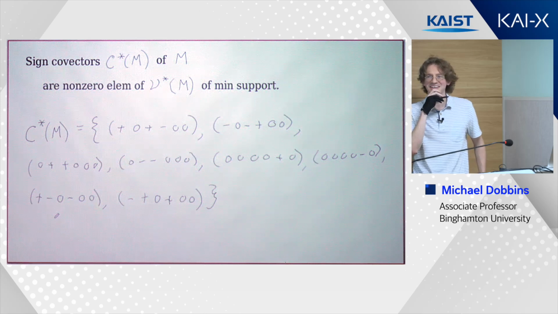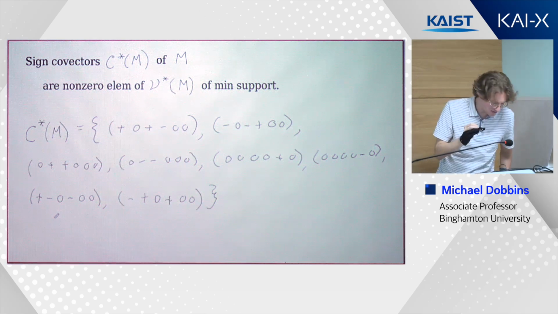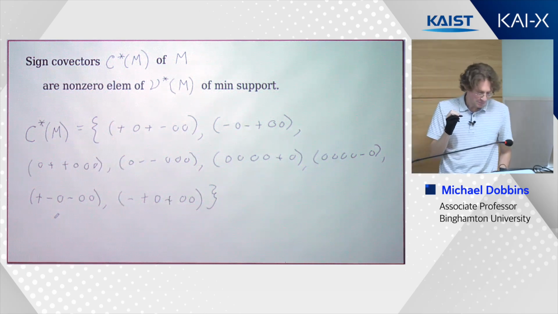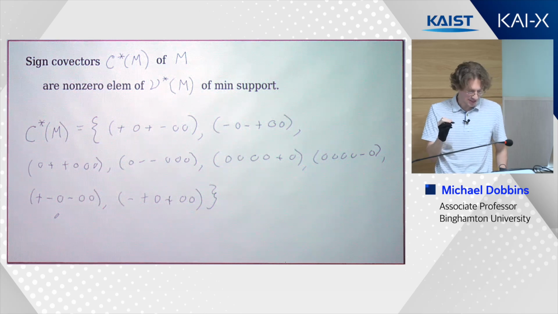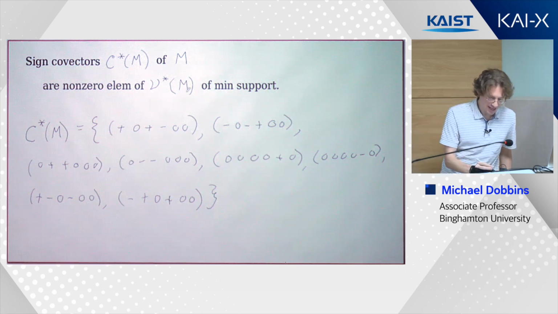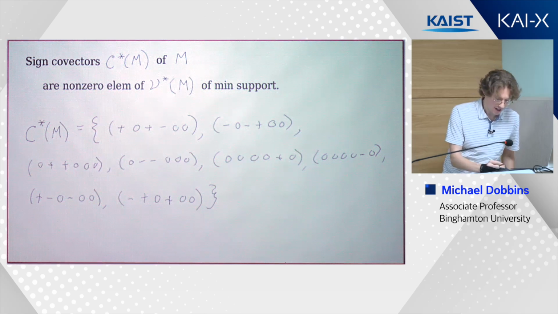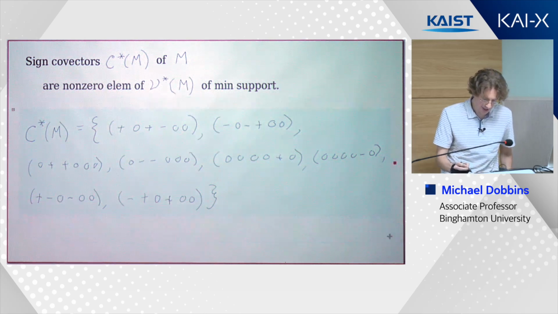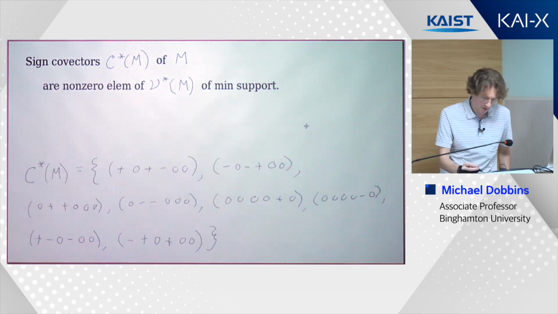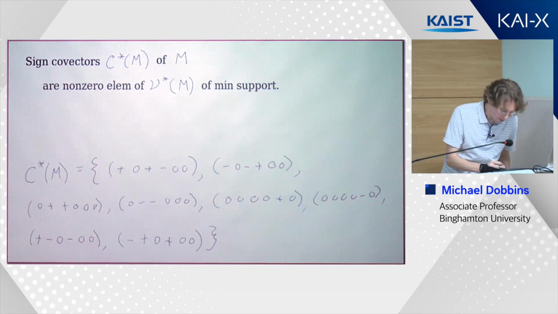So now I want to put to you the questions that I had brought up in the beginning, which is, how could I tell from this information if one of the columns of my matrix is all 0? Let's say the first column of my matrix is all 0.